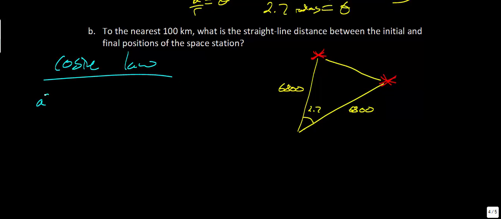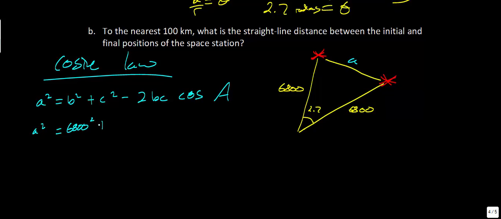Cosine law says a squared is equal to b squared plus c squared minus 2bc cosine of A. And so we can plug and chug our information. My side I'm looking for goes in as your a. So we have a squared is equal to 6,800 squared plus 6,800 squared minus 2 times 6,800 times 6,800 times cosine of 2.7.